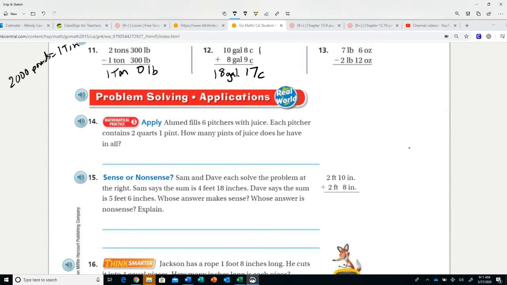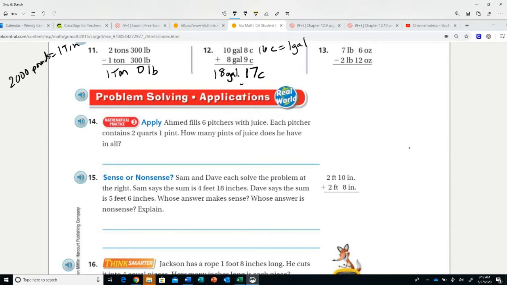So 16 cups equals 1 gallon. I have 17 cups, which means I have a whole gallon and 1 cup left over. So I'm going to take 16 of these 17 cups and put them together and make another group of a gallon.